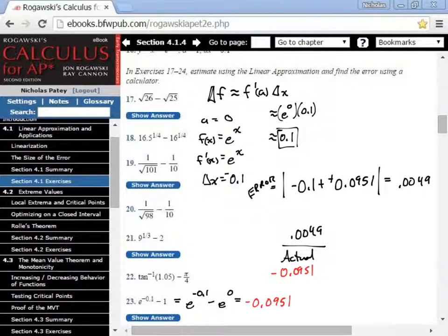I don't think the negative matters right now because we're finding a percent. So we take that, multiply it by 100, and that's our percent. Can someone do that? 5.6%. That's our percent error. This is our error, and this is our estimate. Finished.